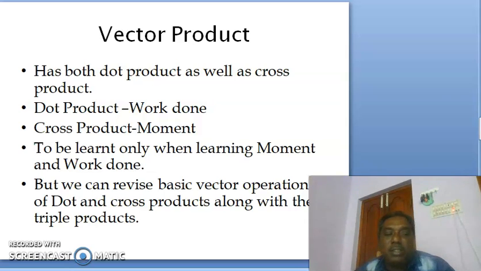These multiplications can be learned better while we learn moment and work done. Still, we can revise the basic vector operations of dot and cross products along with their triple products for the time being, and later we will learn what moment and work done are, after which we will apply the same principles there.